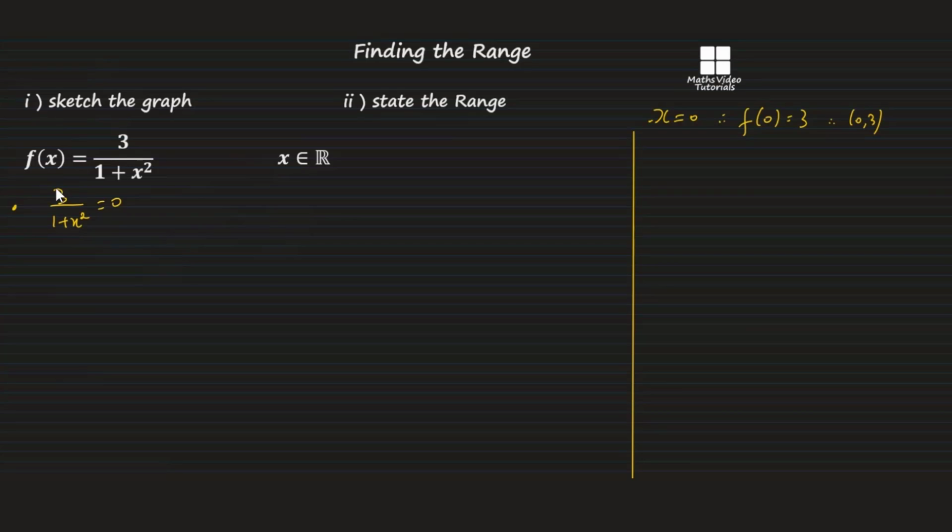So this denominator is already different from 0, and this function can never be equal to 0. So we just say not possible. And what that means for our graph is that it does not cross the x-axis. So basically, no roots.